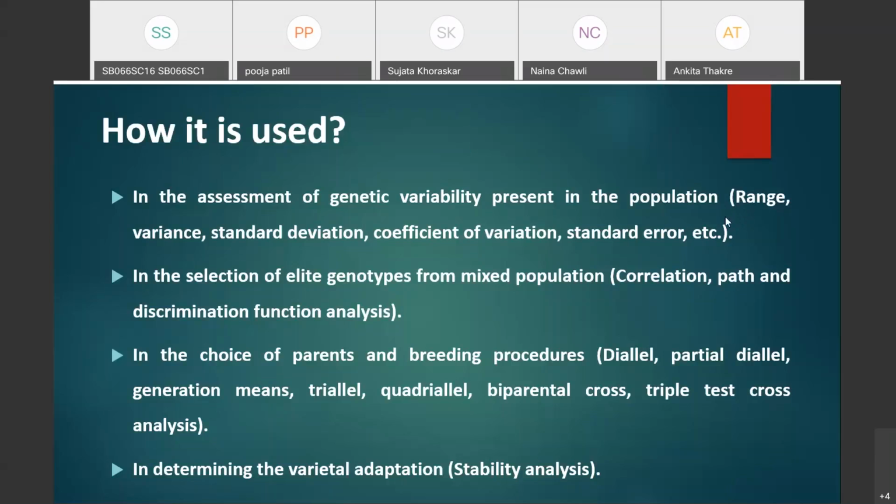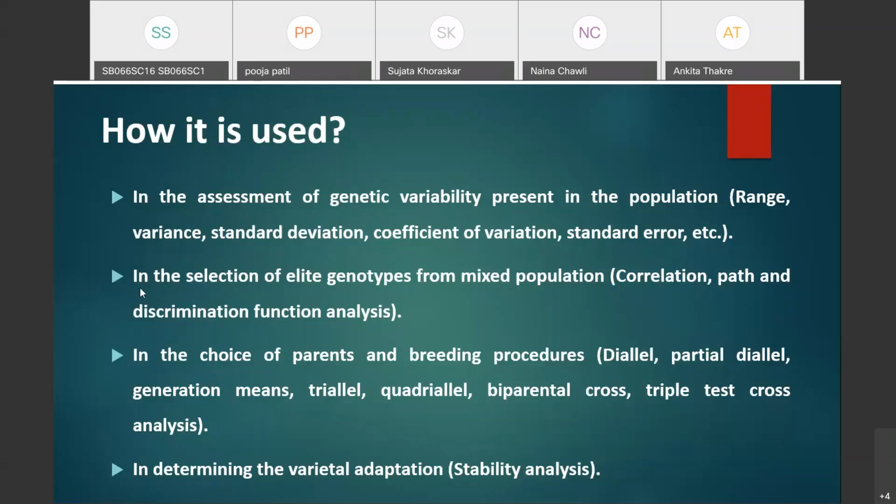By using these methods, the genetic variability in the population can be assessed: for example, the range, variance, standard deviation, coefficient of variation, and the standard error.